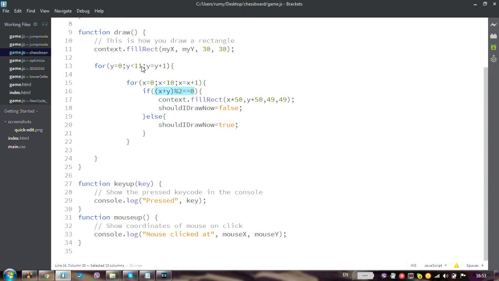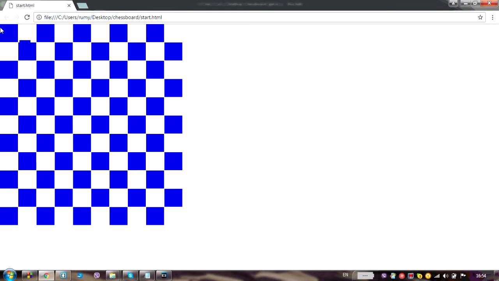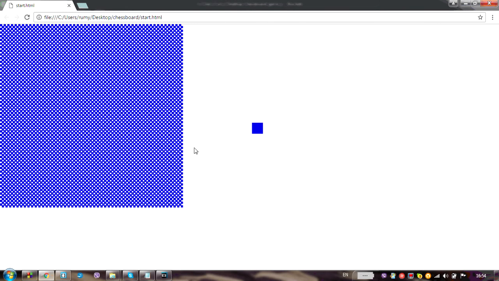I can increase the number of squares drawn and reduce the size of each one of them, for example, to be 6 pixels width and height, and 6 pixels to be before the next square. So I can see much more squares, and all of them are going to be tiny.